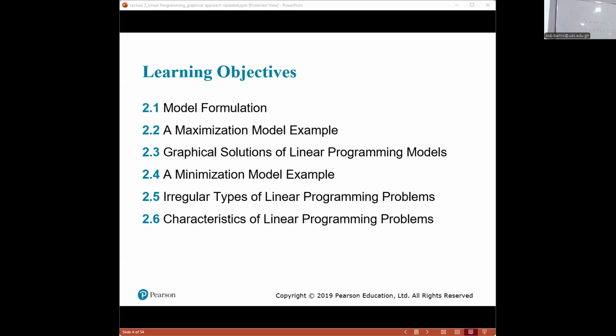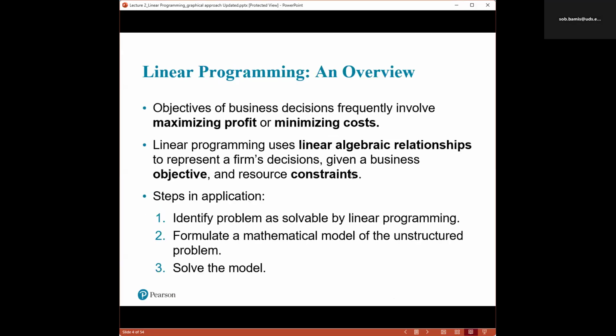Then we are living in a world of scarcity. Because of this, the decision maker is faced with constraints. If we were living in a world where resources were not limited, there would be no need for economics.